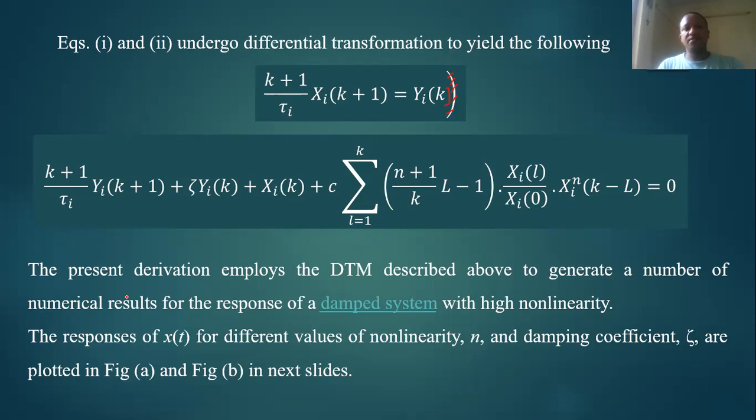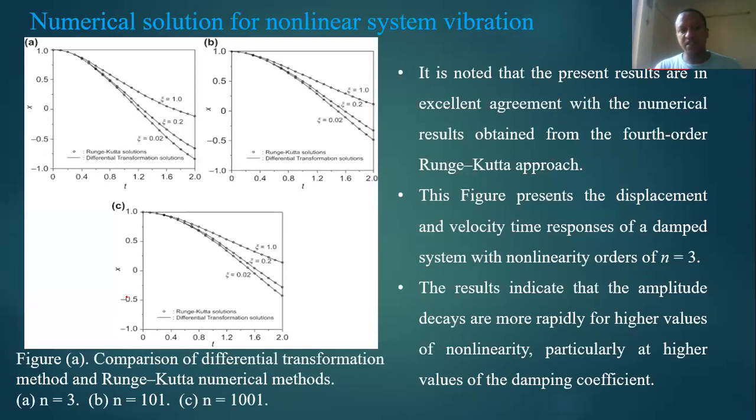So the present derivation employs the DTM described above to generate a number of numerical results for the response of a damped system with high nonlinearity. Therefore, this damped system with high nonlinearity is the best example for the Coulomb damping condition. The response of x of t for different values of nonlinearity n and different coefficients zeta are plotted in the figure on the next page.